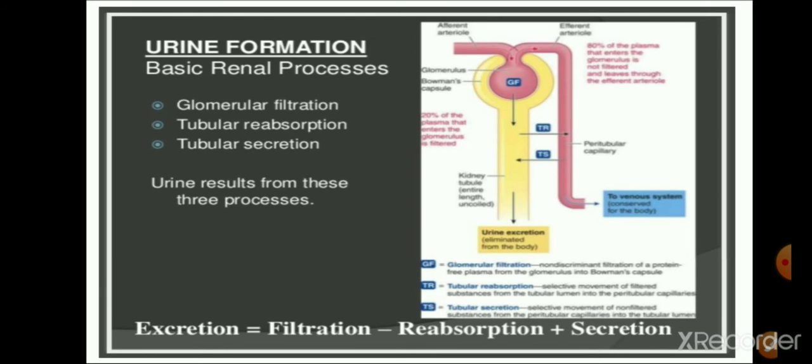In tubular secretion, there is selective movement of non-filtered substances from the peritubular capillaries into the tubular lumen, for example hydrogen ions, bicarbonate ions, sodium and potassium ions.